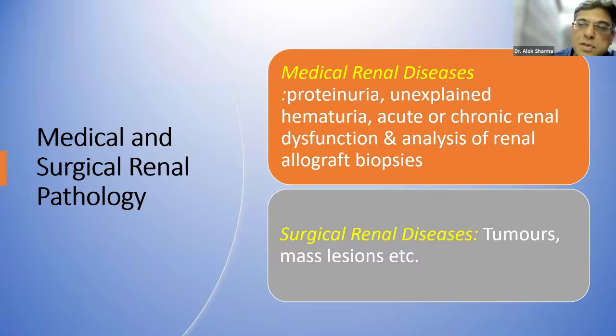Tumors come in a different domain, and a renal pathologist is predominantly dealing with medical renal disease. So diseases which have proteinuria, hematuria, AKI, CKD, for which biopsy is done, including a very important part, transplant biopsies, fall under the domain of medical renal pathology.